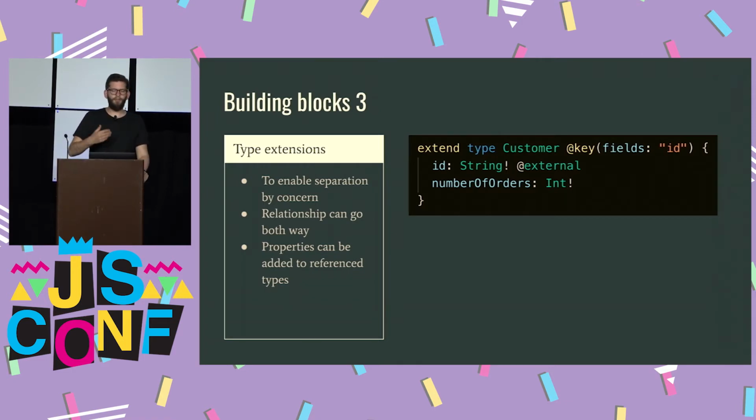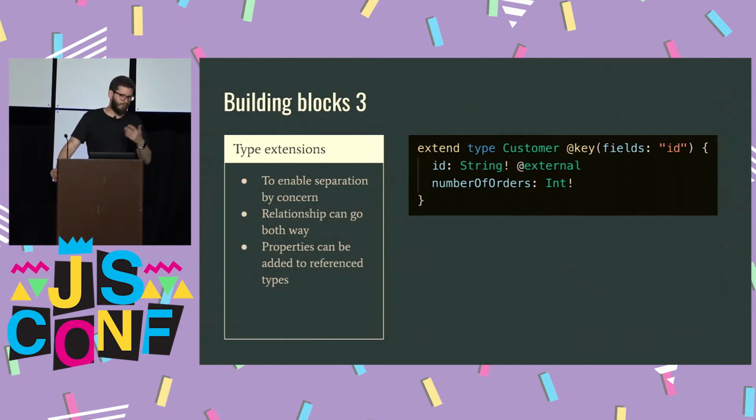So you also have the possibility, in this case, to extend a reference type. Meaning, again, we are in an order schema. We created the reference to the customer type here. And now we want to add some properties there, because just imagine in the order service, we want to know the number of orders for one customer.